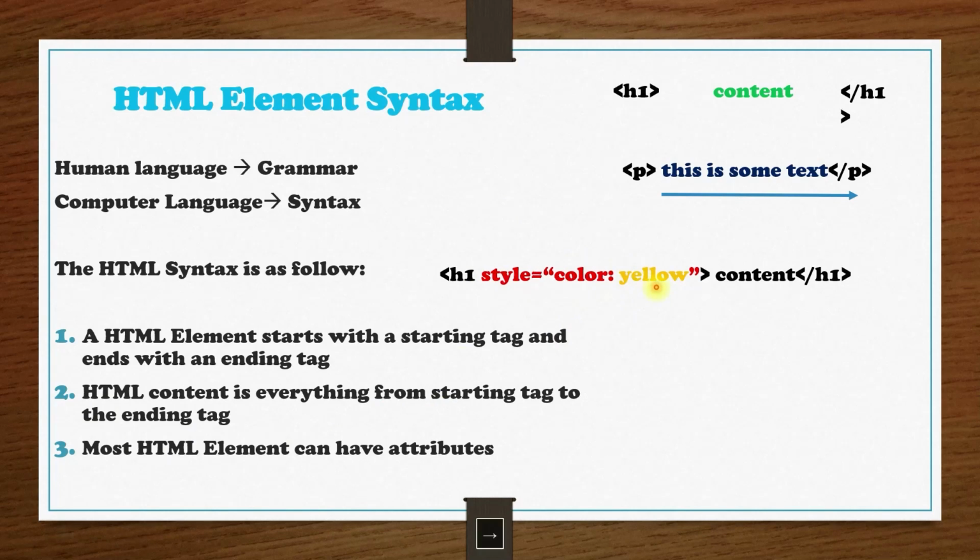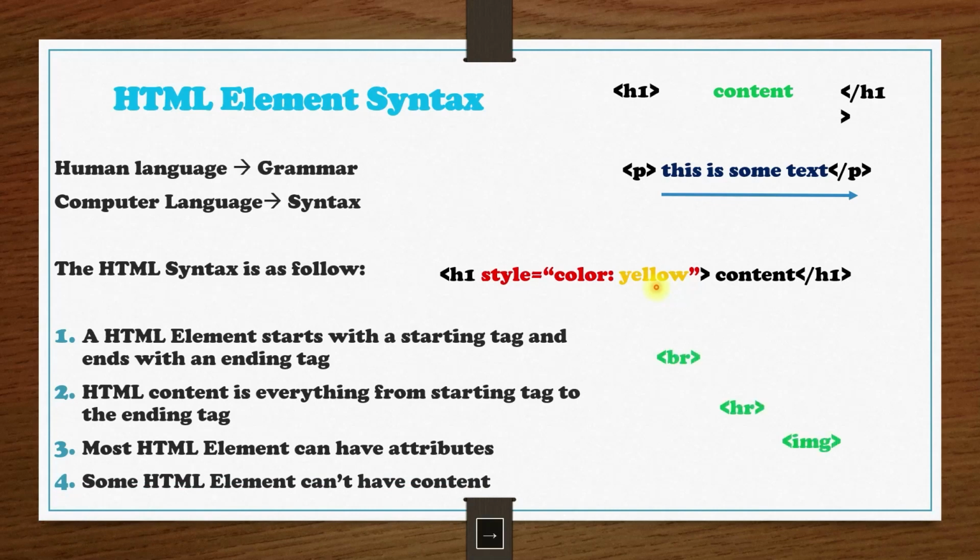Number 4, some HTML elements can't have content. Like what? Like these 3 HTML elements. BR, which is taken from break, and HR, which is used for making a horizontal line, and IMG, which is used for making an image.